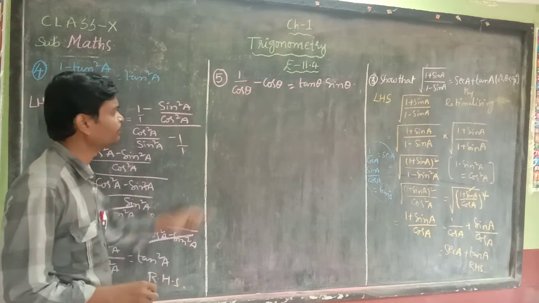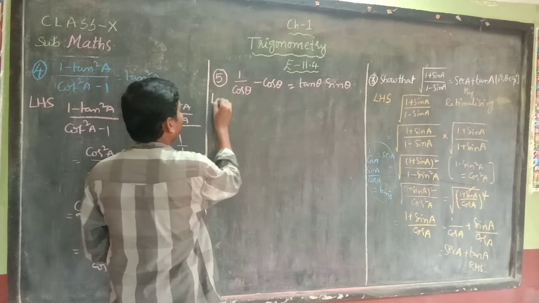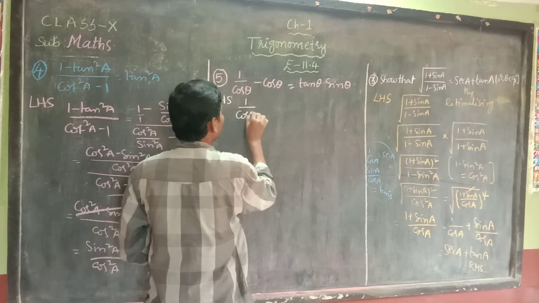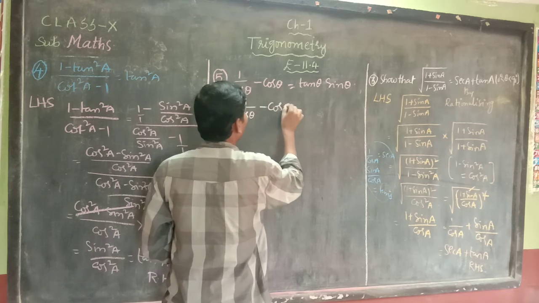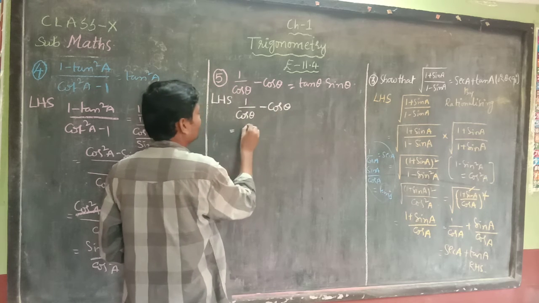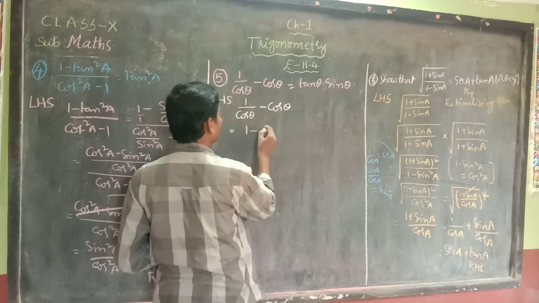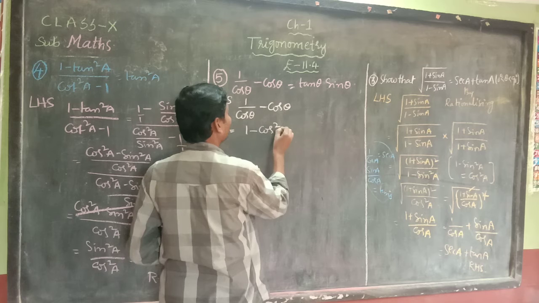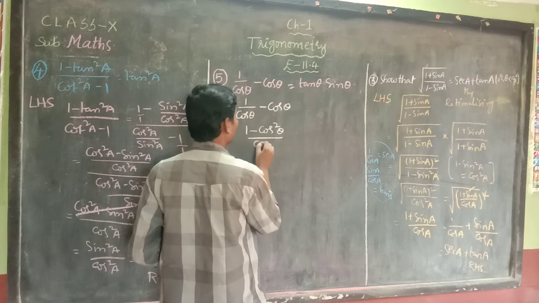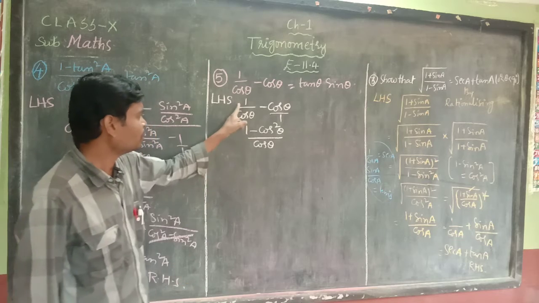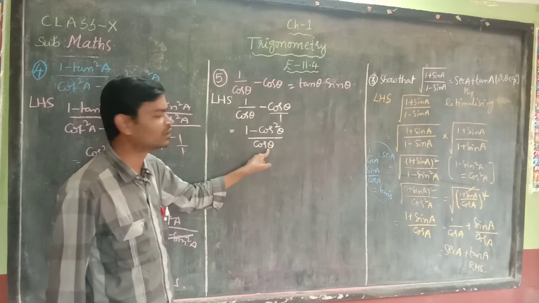Listen here carefully. Here again I am taking LHS. What is LHS? 1 by cos theta minus cos theta. Here the LCM is cos theta. Therefore we get 1 minus cos square theta by cos theta.